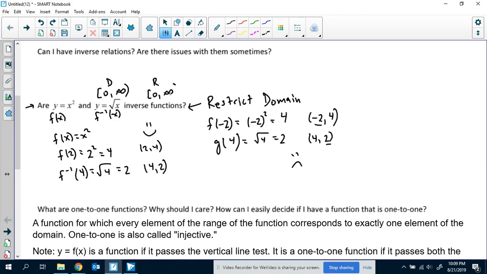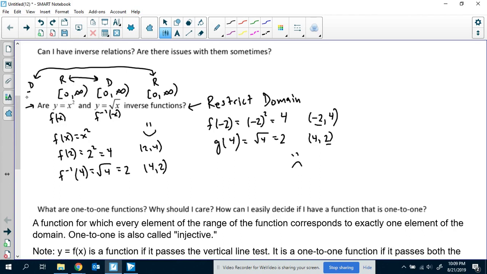0 to infinity also. Since that is the case, over here, the domain and range must be restricted so that the range of my inverse matches the domain of my original, and the range of my original and the domain of the inverse have to also match.